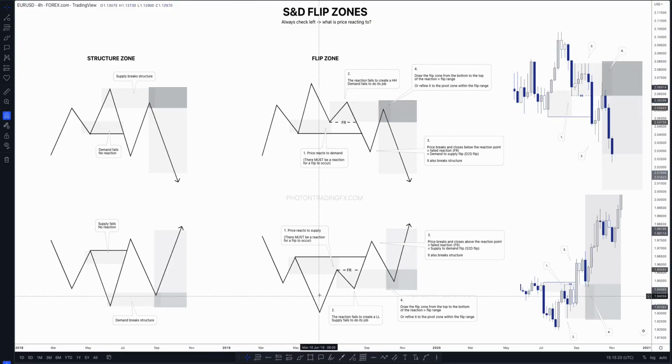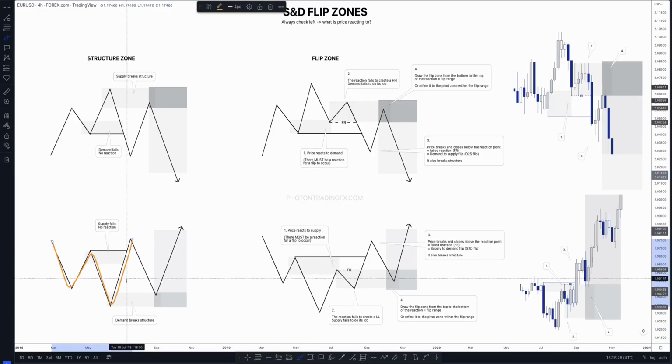So from a bullish example, we just think about a structure zone. Again, it's just one that leads to a break of structure. Okay, we look back in this leg. Where are the zones? There's a zone here. That's a structure zone, right? There's no reaction. It's just one straight move up. Here, it's the same thing, except there is a reaction to supply, right? Price comes into supply. If supply is going to do its job, what should happen? It should push price to make a lower low, right?